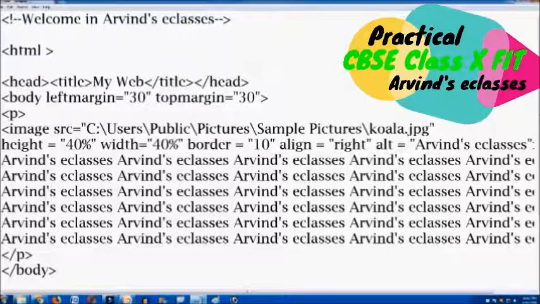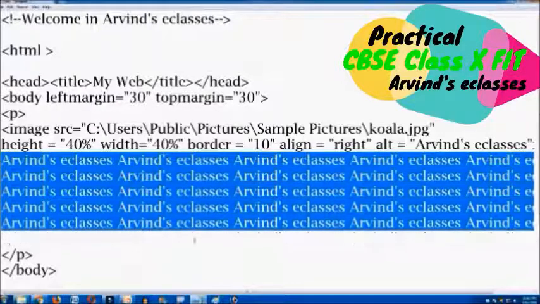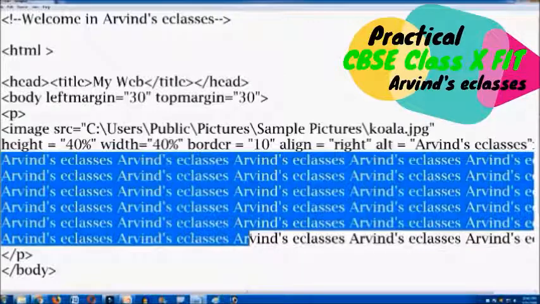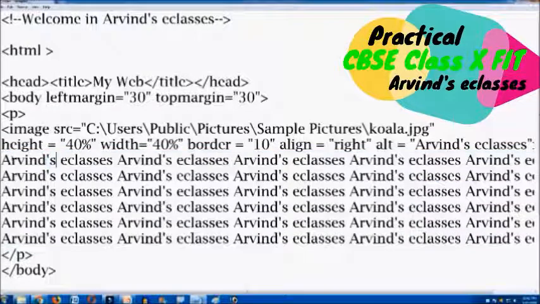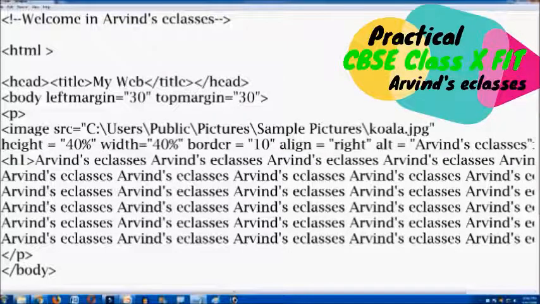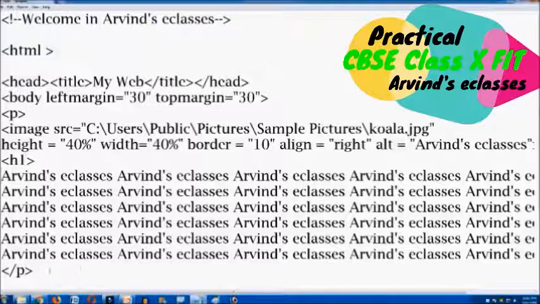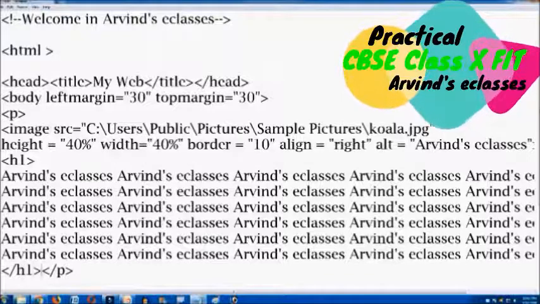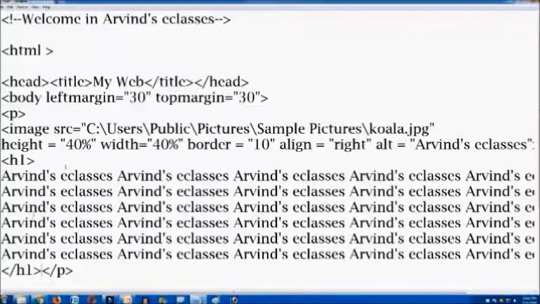And one thing, this way this text will display very light in a very small font, so better we use the heading tag to make it bigger in size, H1. Okay, enter, and here we close the heading tag, yeah, H1, and don't forget its alignment.